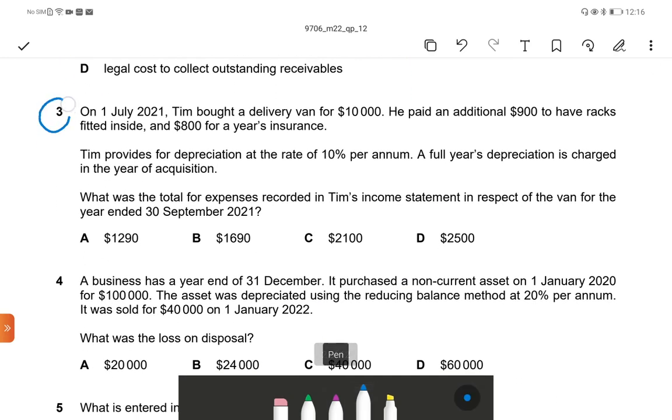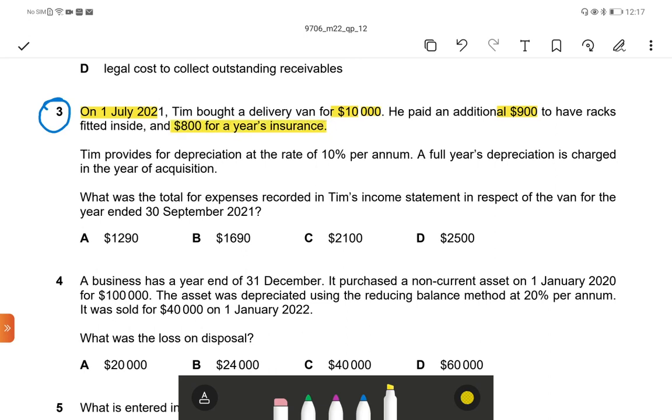Question number 3. On 1st July 2021, Tim bought a delivery van for 10,000. He paid an additional 1,900 to have racks fitted inside. Then he paid 800 for a year's insurance.